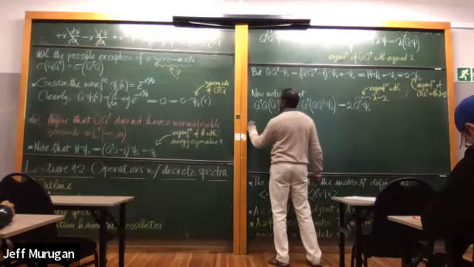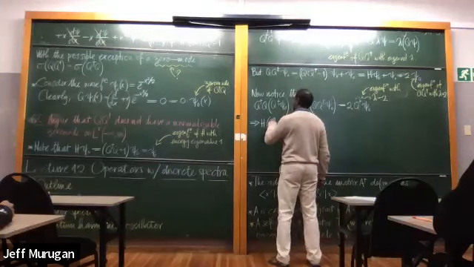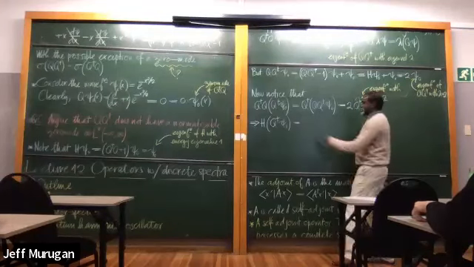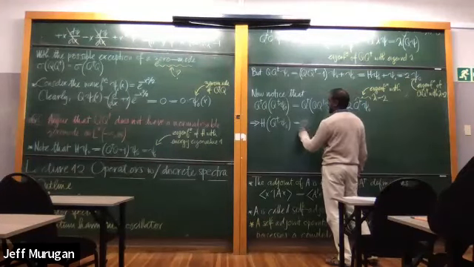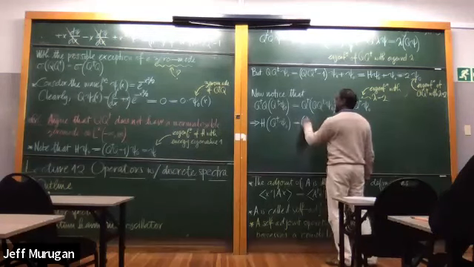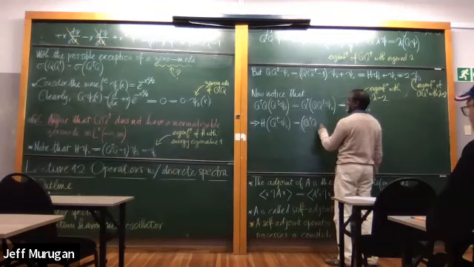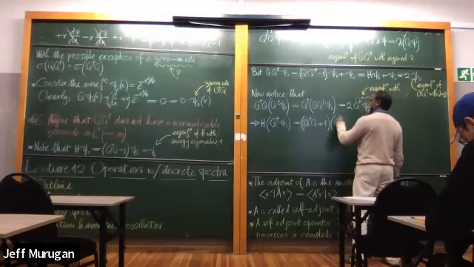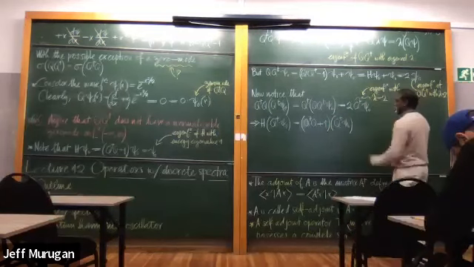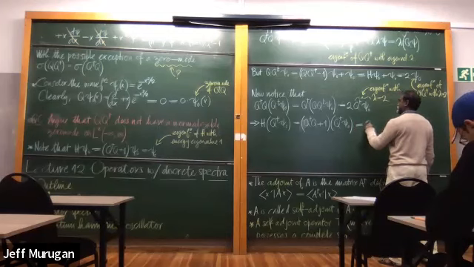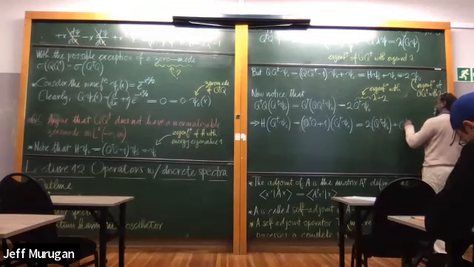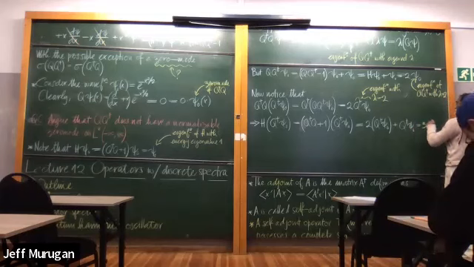Well, that means that if I act with the Hamiltonian on Q dagger psi naught, that's just Q dagger Q plus 1 acting on Q dagger psi naught, which is 2 Q dagger psi naught plus Q dagger psi naught, which is 3 Q dagger psi naught.